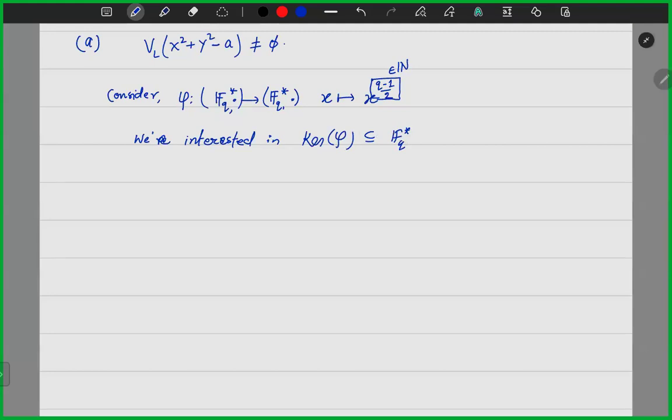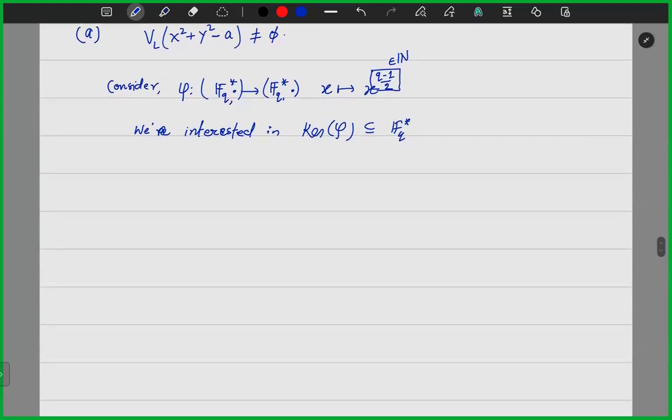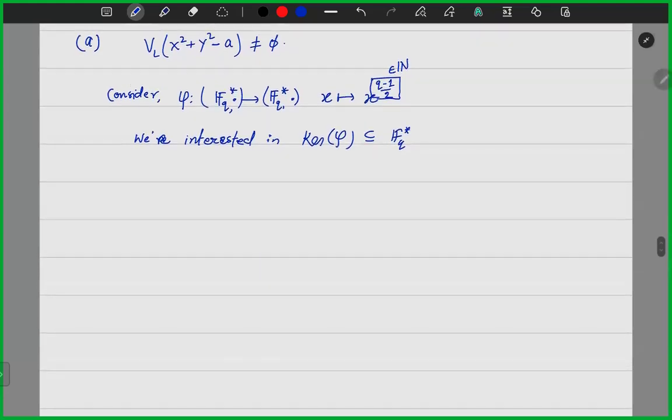If some element x is a square, let me do the work here. If y square is equal to x, then where does x go? x goes to x power q minus 1 by 2, which is y square to the power q minus 1 by 2, but this is y power q minus 1, and y is an element of F_q only.